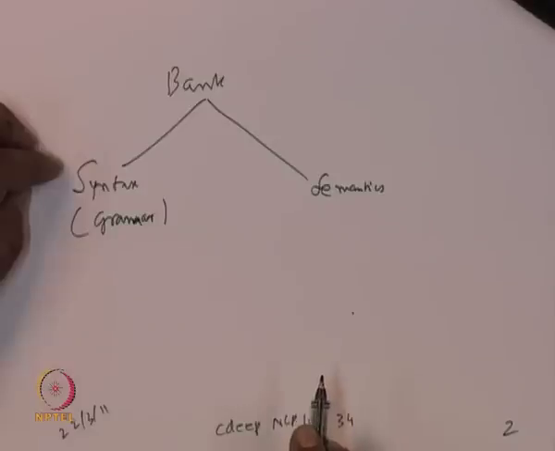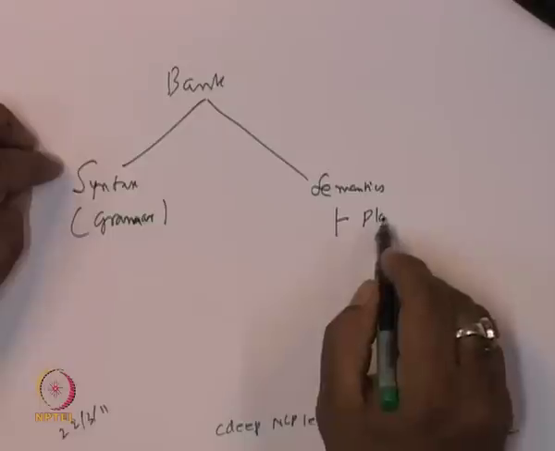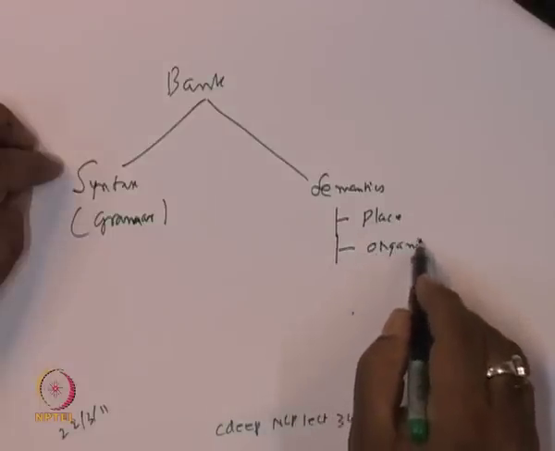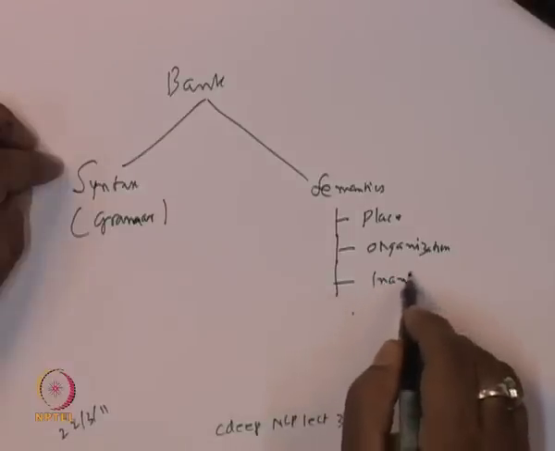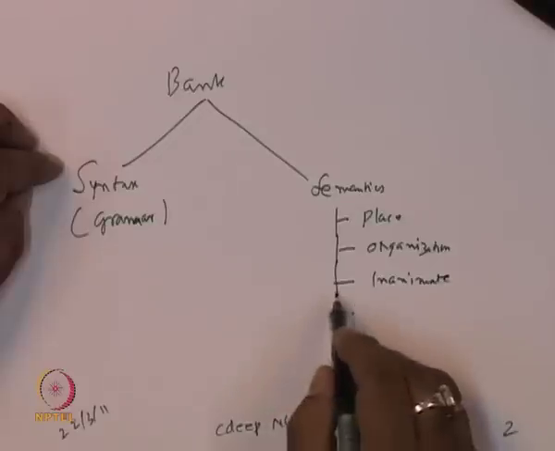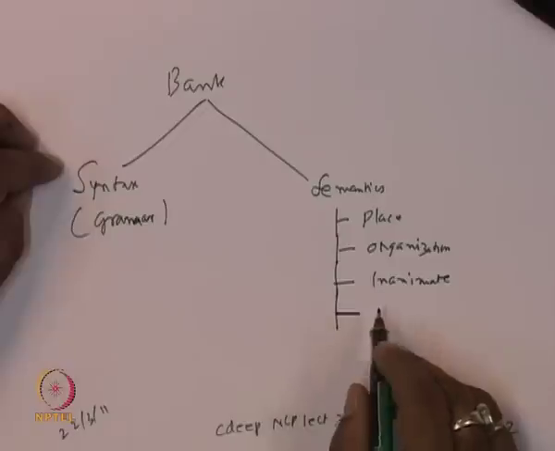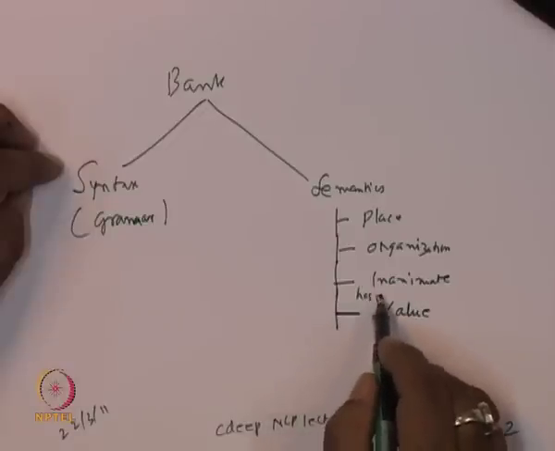What do we have? Okay. Under semantics, maybe we can record that it is a place, it is an organization, it is inanimate, it has value, and so on.